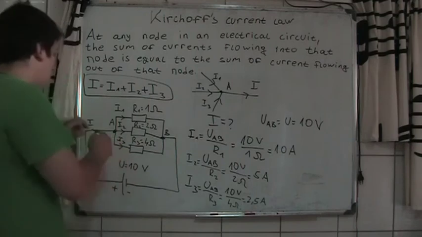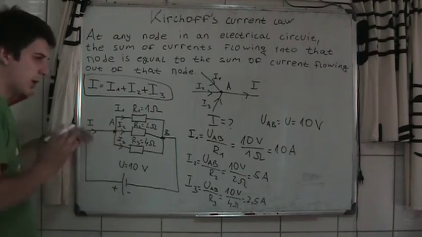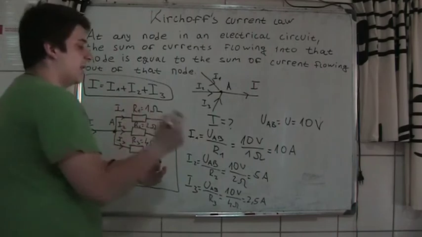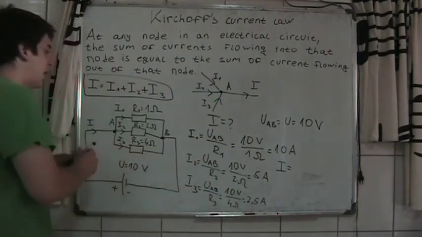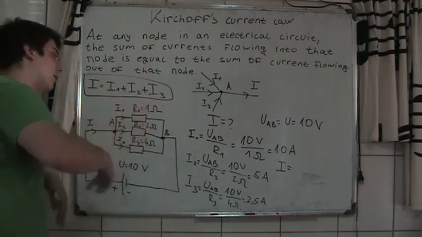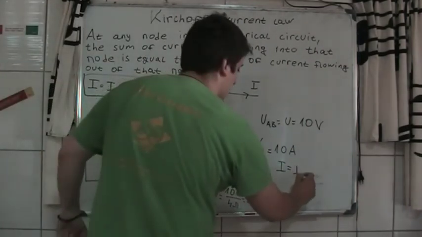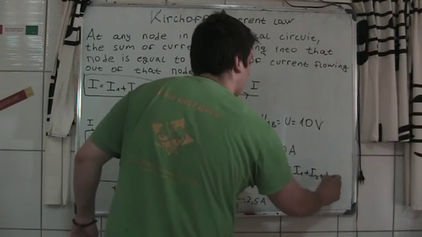So now we can calculate what the current I is with Kirchhoff's rule. See, in this node only I is going into the node. So we put I is equal to all the currents flowing out of the node, and that's I1 plus I2 plus I3.